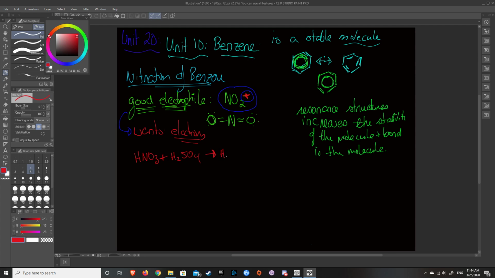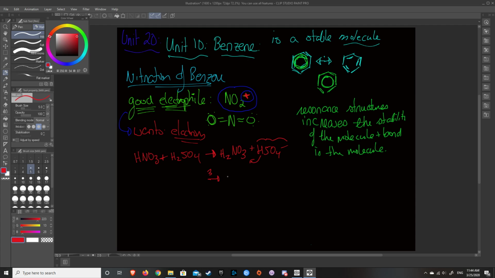It's going to be a weird looking intermediate, H2NO3 plus and HSO4 minus. So you can see the proton has been donated by, in this case, the sulfuric acid, which is stronger than the nitric acid. So it forces that hydrogen onto the nitric acid. And then this reconfigures, and this is going to be the third step down here.